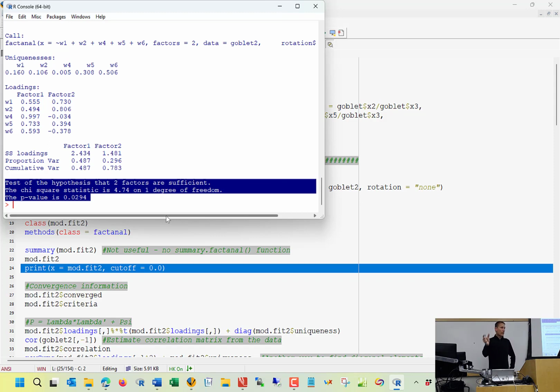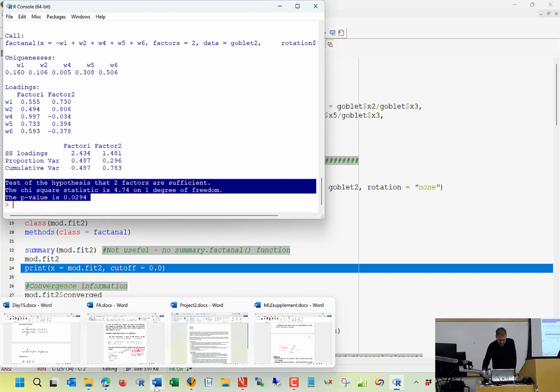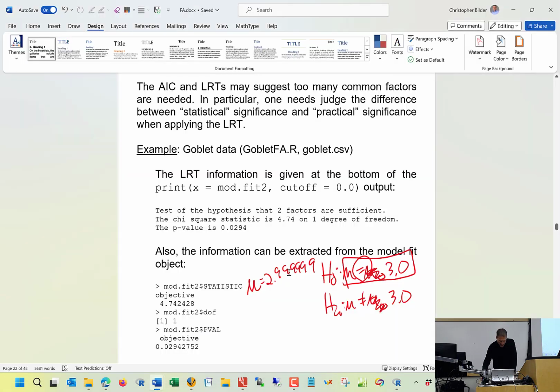HA would be more than 2. The chi-square statistic value is 4.74. That is our A. Let me actually write that. So this is our A. 2 factors are sufficient, essentially our H0. P-value 0.0294.